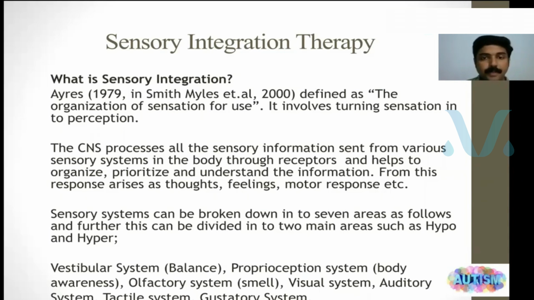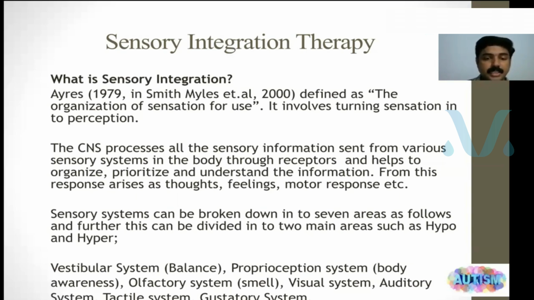So, very carefully: sensory integration is the organization of sensation for use. From the receptors of the sensory modalities, we get the information that is processed by the CNS, the central nervous system, which helps to organize, prioritize, and understand the information. When something happens to this activity, we have sensory integration disorders.